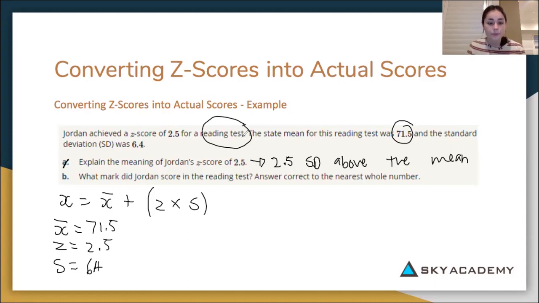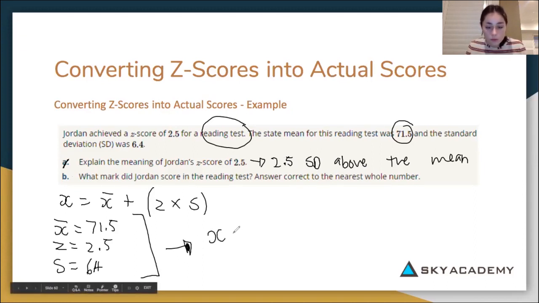Question B. What mark did Jordan score in the reading test? Answer correct to the nearest whole number. We know she scored pretty well if she got 2.5 standard deviations above the mean. We just got to figure out what mark she actually got now. So we've already done all this information. I'm just going to sub into my formula.